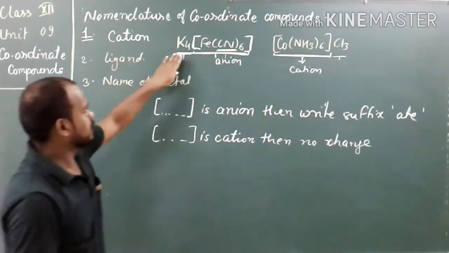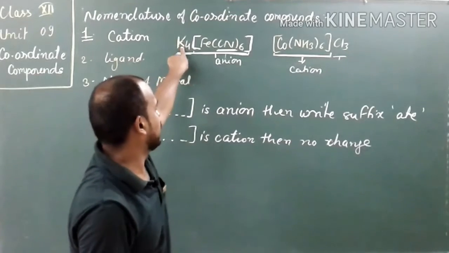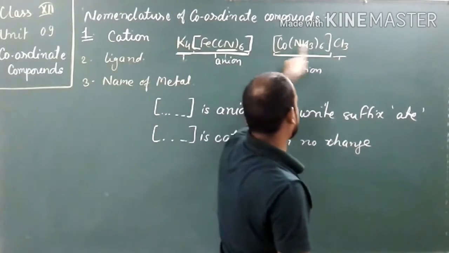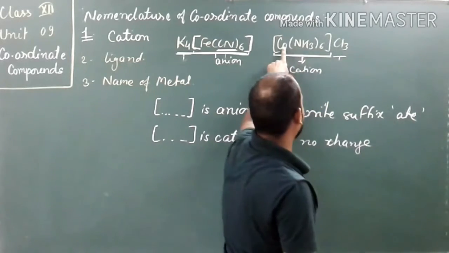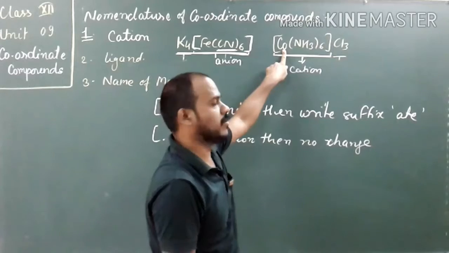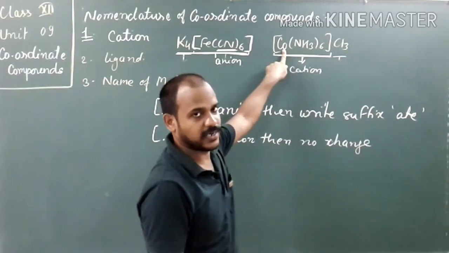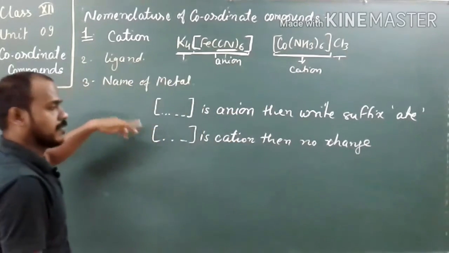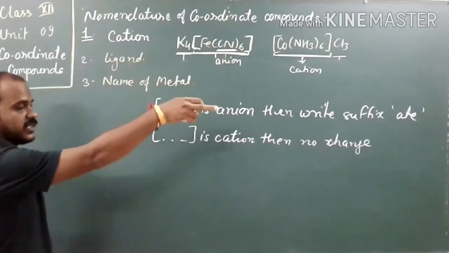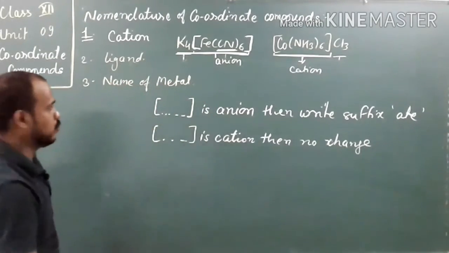So here, since potassium is a cation and these are anions, so it is ferrate, but here this is a cation and chloride is an anion, so there will be no change in the name of this Co, so the name will be cobalt, not cobaltate. So we change the name depending on the nature. If it is an anion, then change. If it is a cation, then no change.